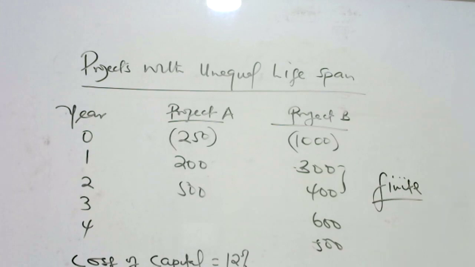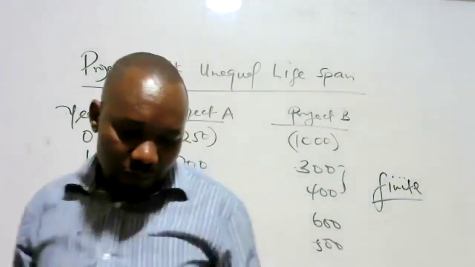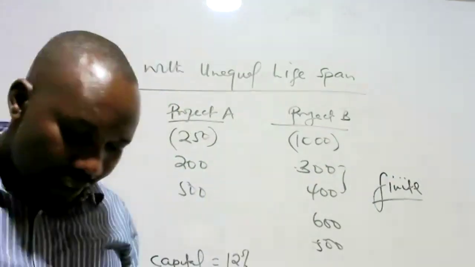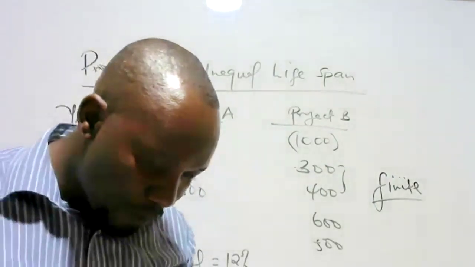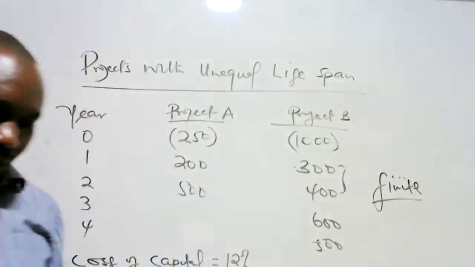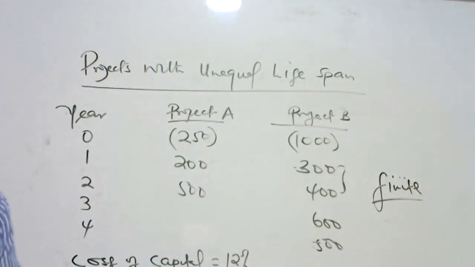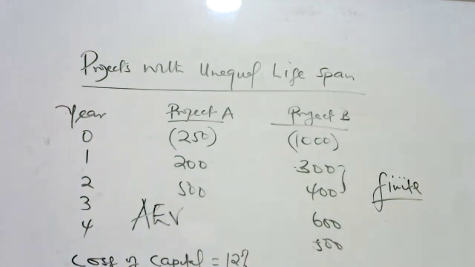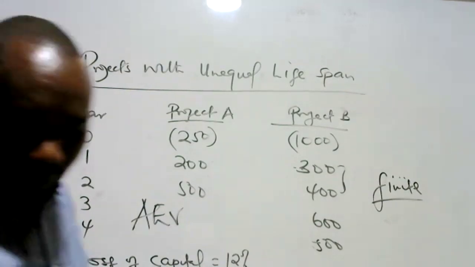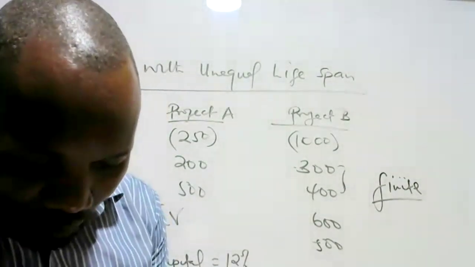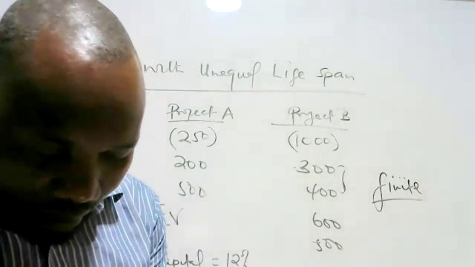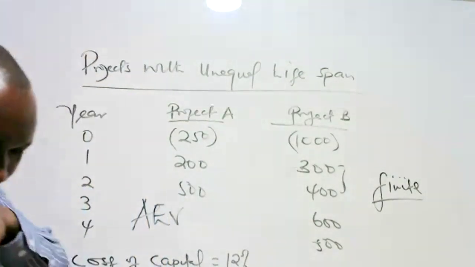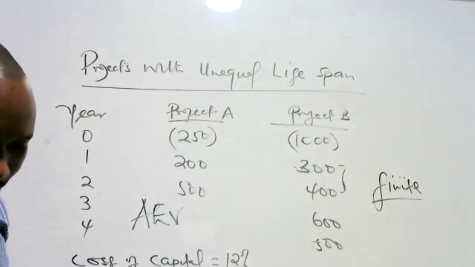The second question. So the first one is the net present value of each project using the constant scale finite period replication criteria. The second one is the annual equivalent value, that is AEV, of each project.